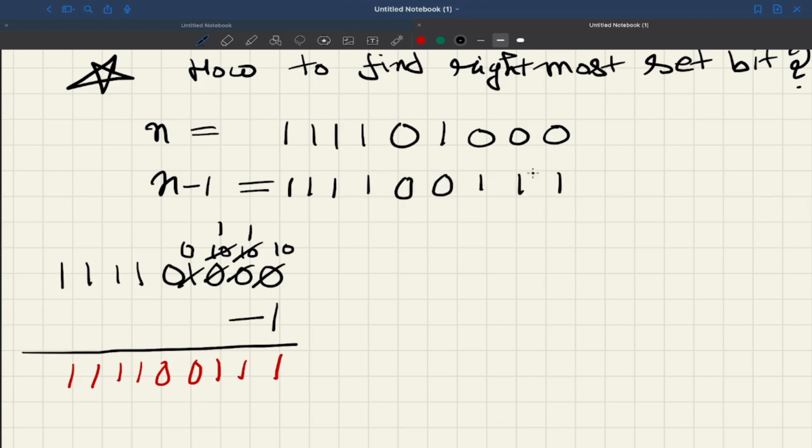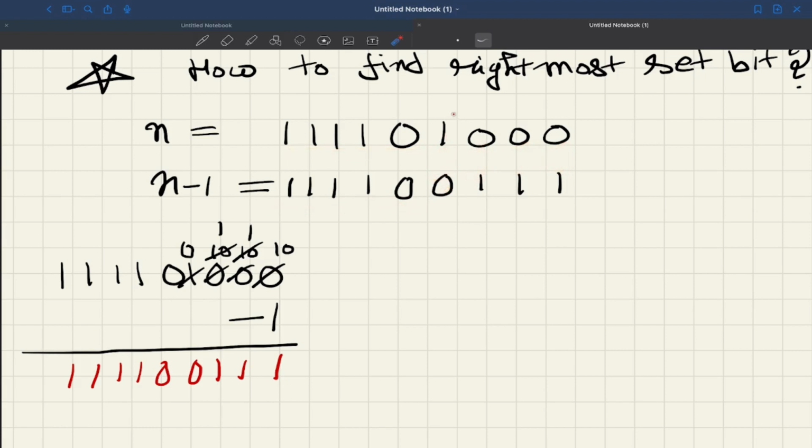Now what is the difference between n and n minus 1? If you observe, bits till this point are the same. It has 1 1 1 0 and it also has 1 1 1 0, but after that the bits are exactly opposite. 1 is complemented to 0, 0 is complemented to 1, 0 is complemented to 1, and 0 is complemented to 1, right?